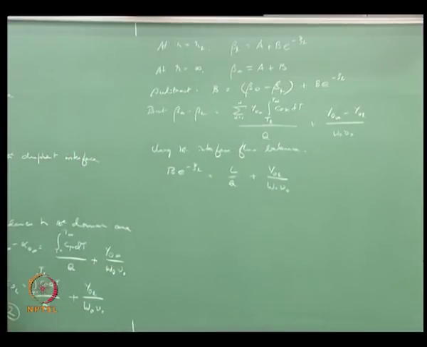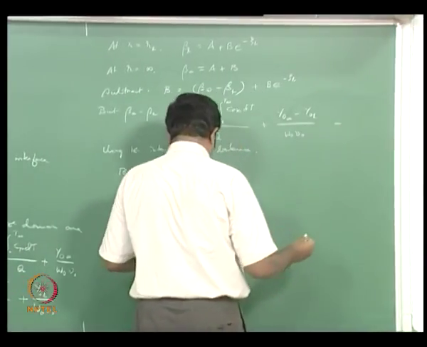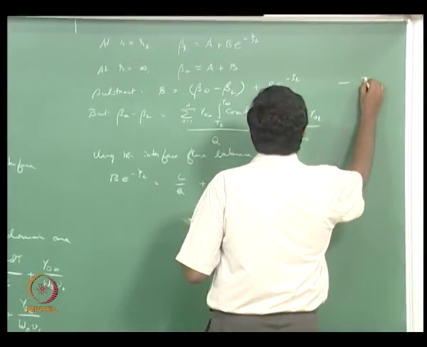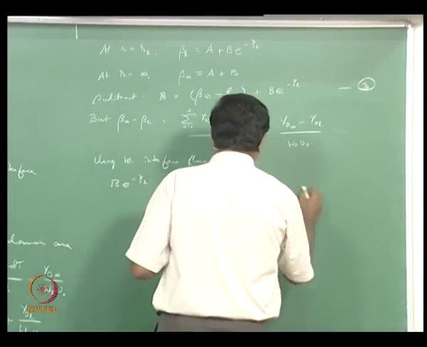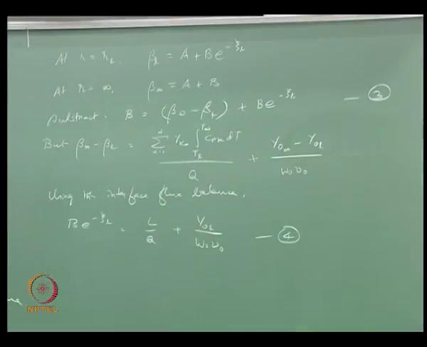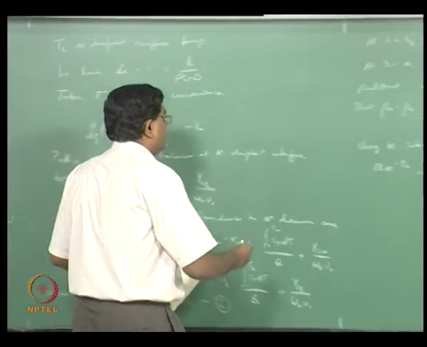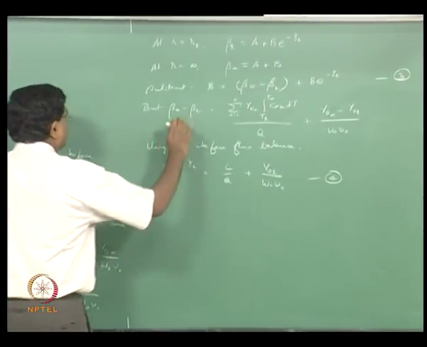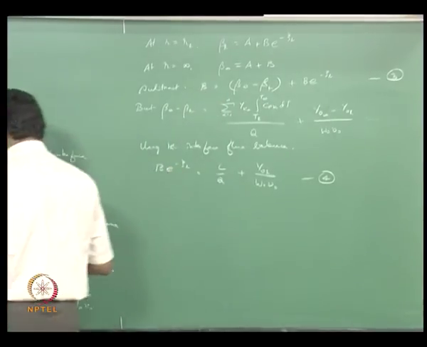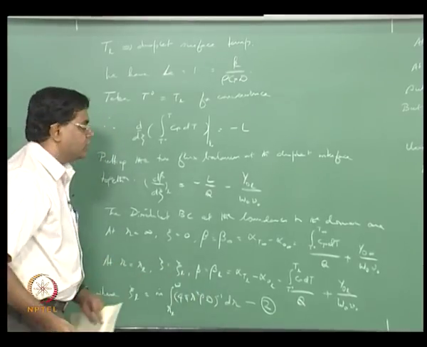Now if you call this as your 3, and this as your 4, then what you do is we now use 4 and 3 together in order to get e to the minus psi L and use the definition of psi L, okay, that's what we do.